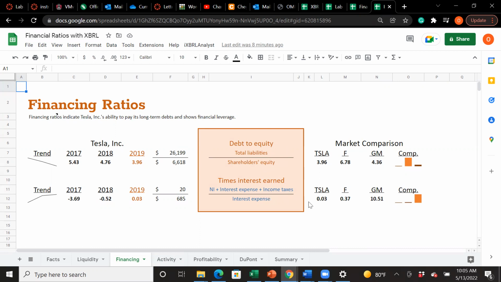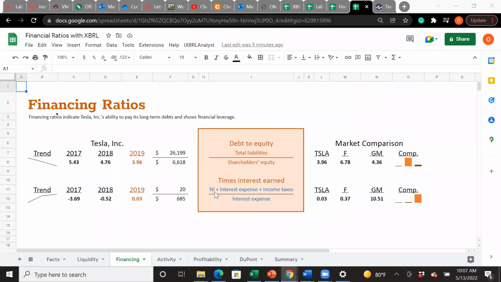Looking at times interest earned, this is net income plus interest expense plus income taxes, over interest expense. That's a pretty big comparison, from 0.03 to 10.5. I think 0.03 is not so good, but looking back at 2017, it's negative, so at least it's going up.